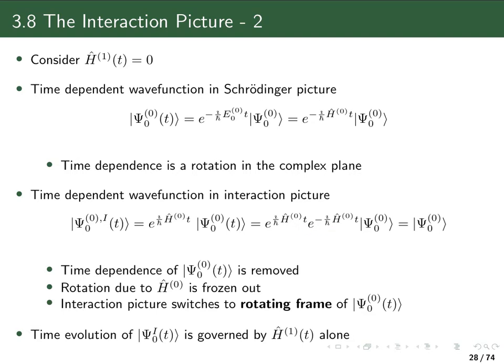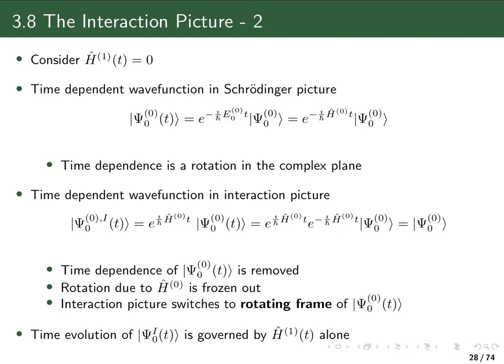I mean, the product of the two is 1, which means our time-dependent wave function in the interaction picture in this time-independent situation is actually just the time-independent wave function, which means the time-dependent phase factor which we had in the Schrödinger picture is now removed in the interaction picture. So the rotation in the complex plane due to our time-independent Hamiltonian is frozen out.